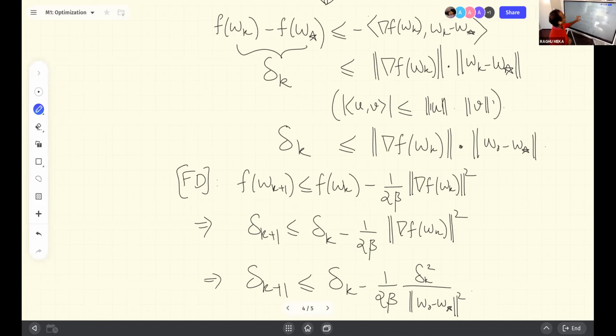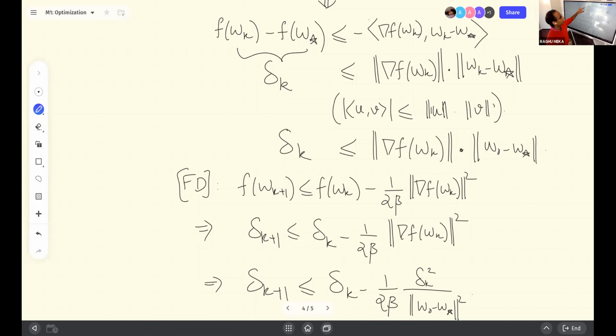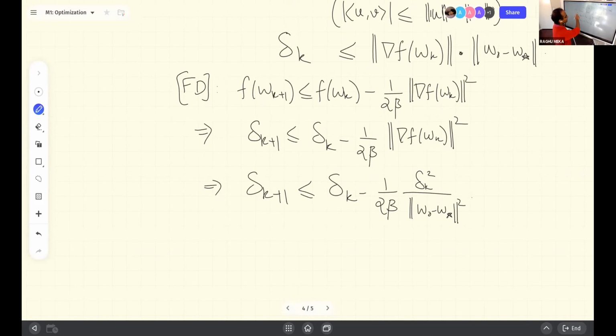So remember, delta k is the difference between f of wk and f of w star, right? And so we have this functional decrease inequality, and I can subtract f of w star on both sides, and the same inequality would hold, right? Which would mean delta k plus 1 is at most delta k minus something, right?